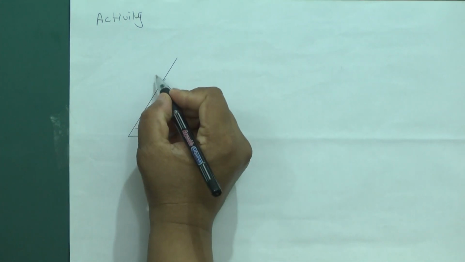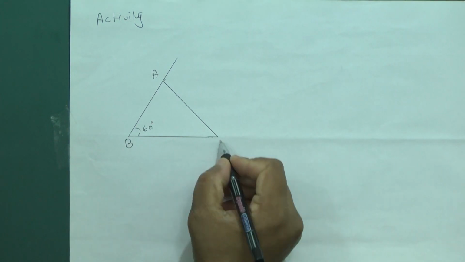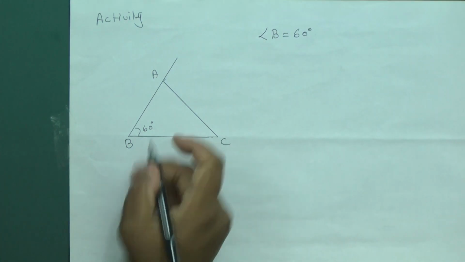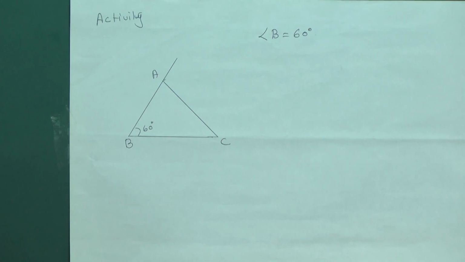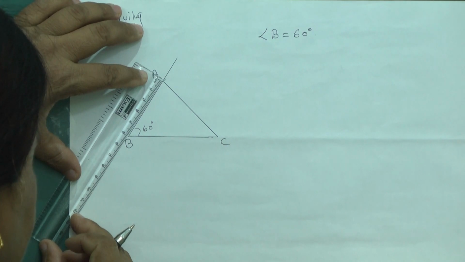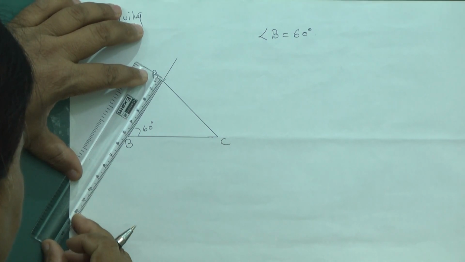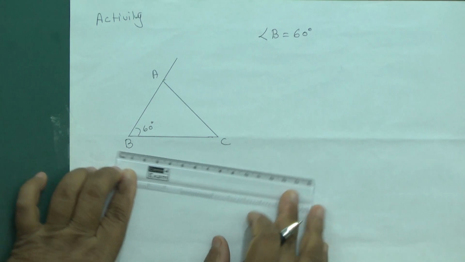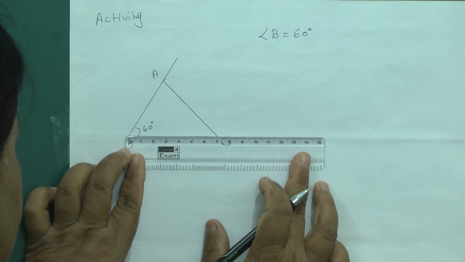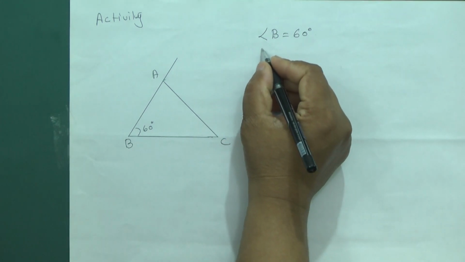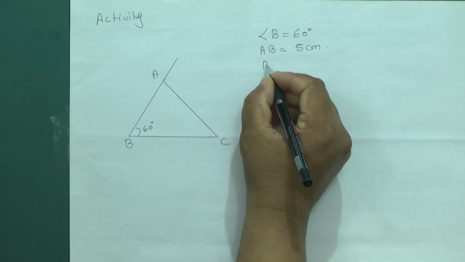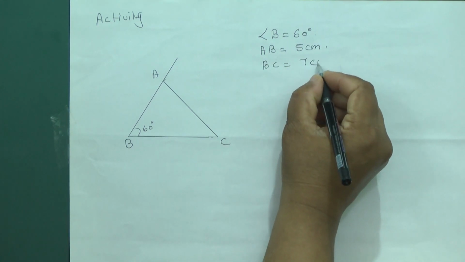So this is my triangle ABC, where angle B is equal to 60 degree. AB is 5 centimeter. Let me again take the, yes, it is exactly 5 centimeter, children. I hope you can see it clearly. BC, let us see, BC is 7 centimeter. So AB is equal to 5 centimeter and BC is equal to 7 centimeter.